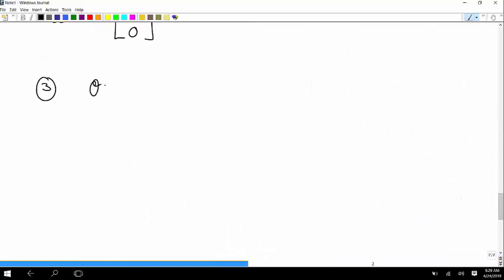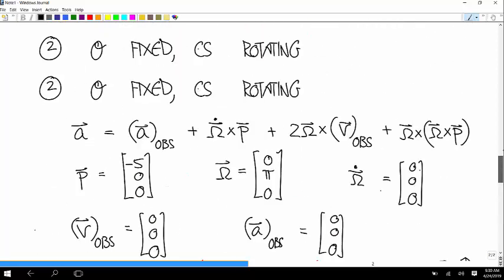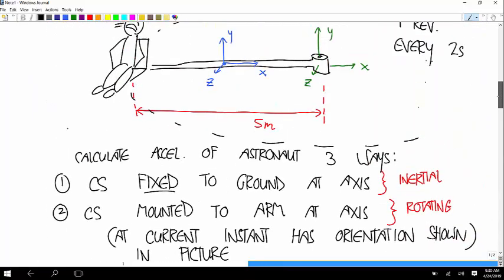So the origin is moving in a circular motion, and the coordinate system is rotating. Okay, so let's name this point. I guess I'll call this B.